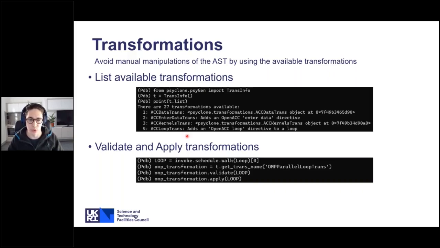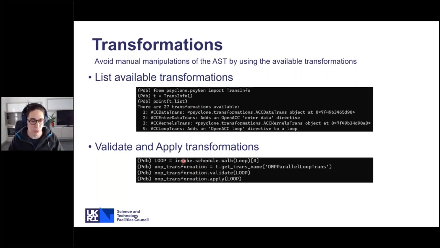First, you need to know which transformations are available. One way to get them is using the TransInfo object, which has the list parameter, which will give you a list of all the possible transformations that you have available at a certain time.